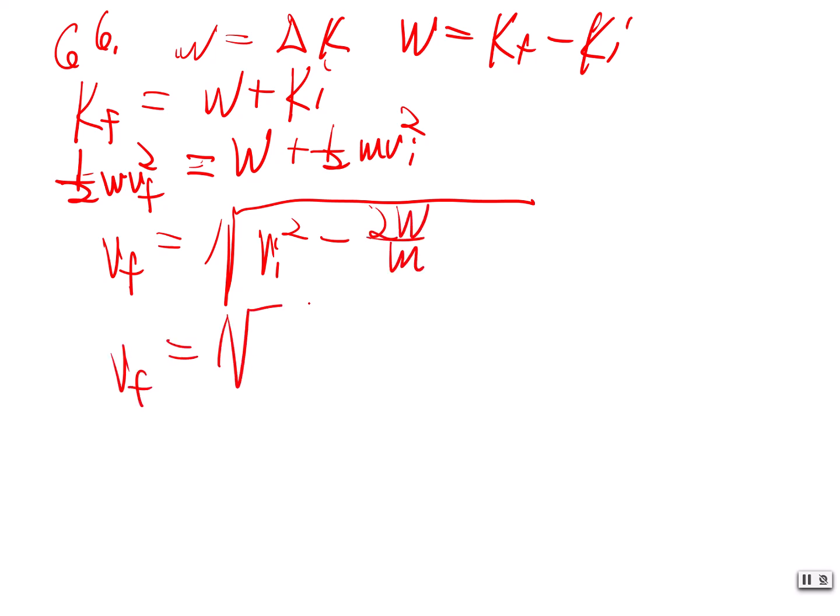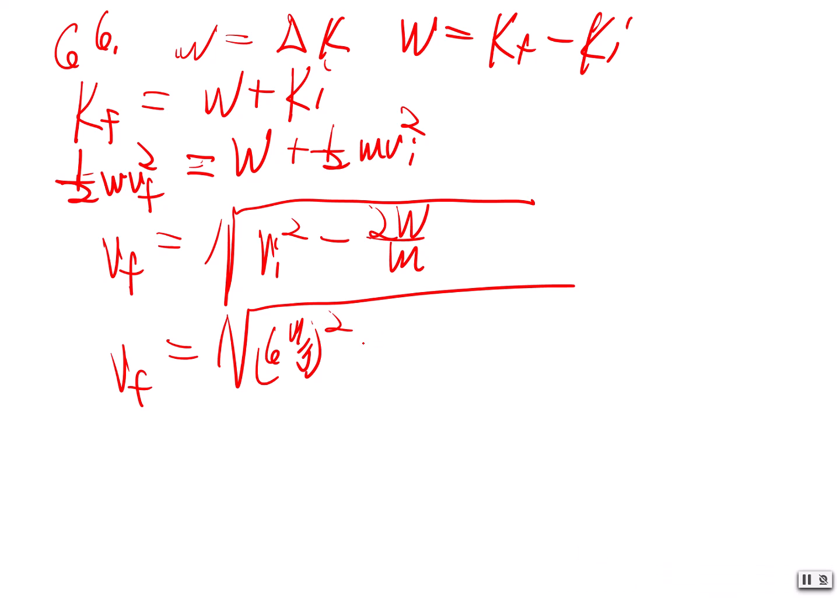So we've got the square root of, the initial velocity was 6 meters per second, it told us that. Hang on a minute, I'm going to double check something here. Okay, yeah.